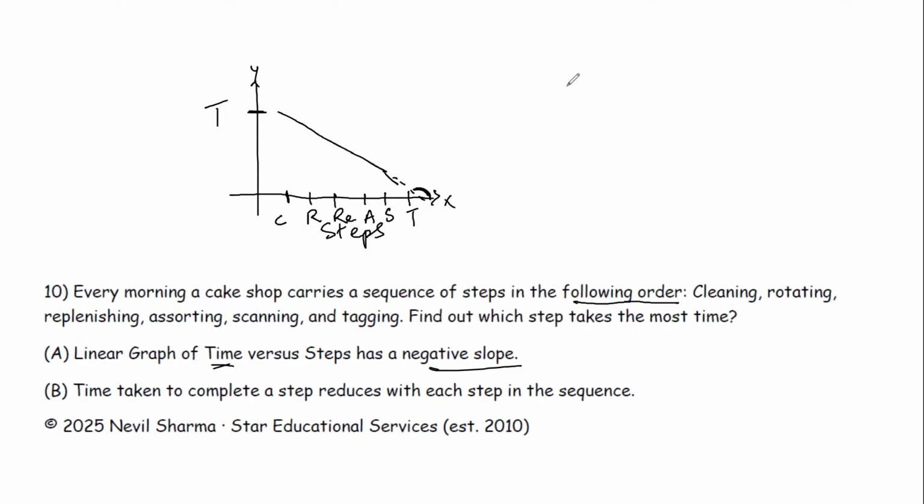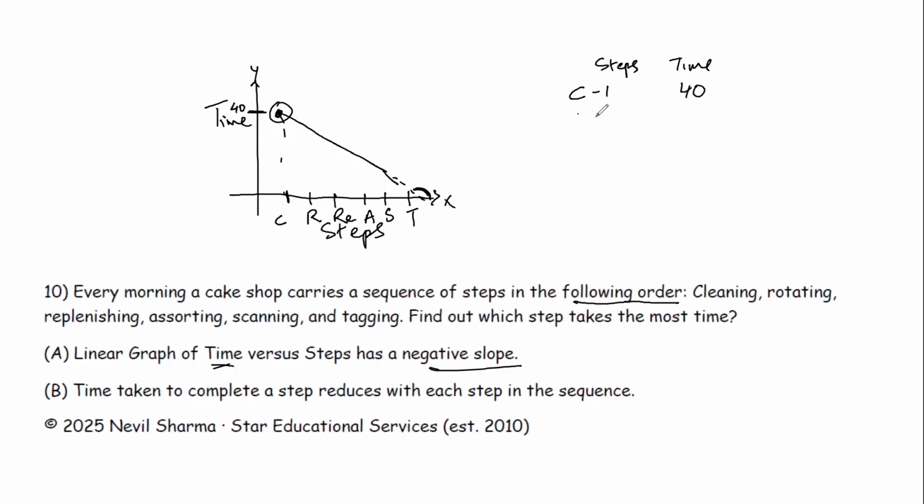Just to help you understand the time part and how we get this graph. Let's say this is cleaning, and let's say this is 40 out here. I'll just write it down as step one instead of cleaning. So this is step one, steps, and this is time. So 40 minutes, and that's how at 40 I've got my first dot.